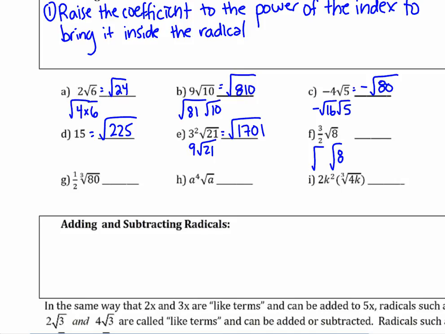What's 3 over 2 squared? Okay, or as a fraction? 9 over 4. Square both numbers. 9 over 4 times 8. What is that? 18. Good. The 8 over 4 can actually reduce to 2. 2 times 9, 18.